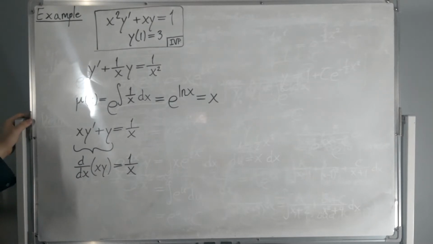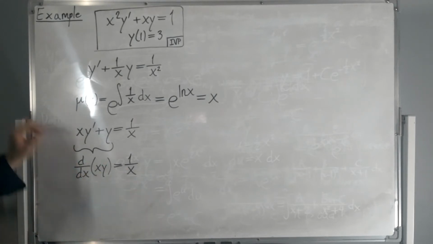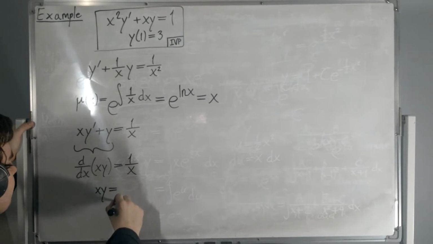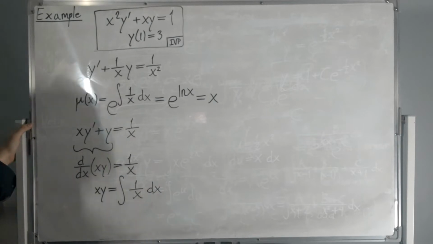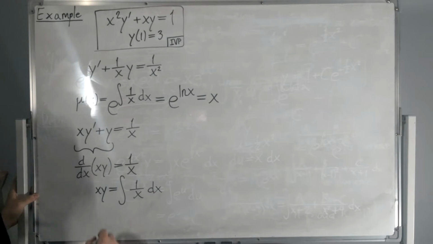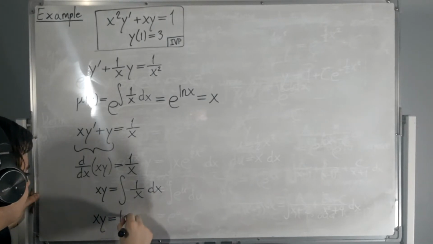All right, so then in that case we can cancel this derivative by taking the indefinite integral of both sides. We'll get xy equals the integral of 1 over x dx. Now, an antiderivative of 1 over x would be ln x, so xy equals ln x.